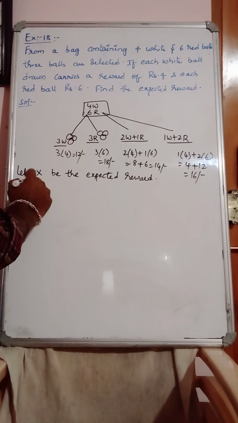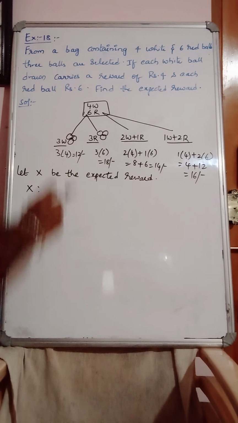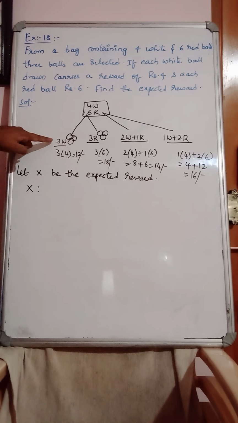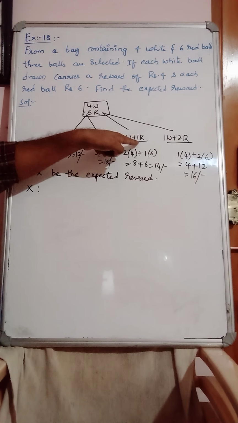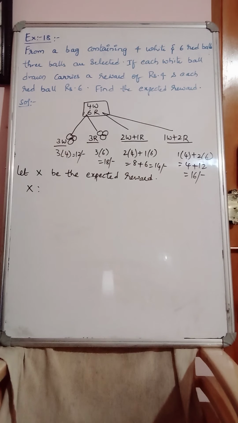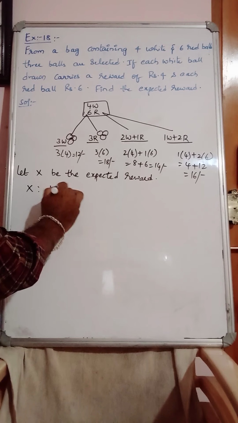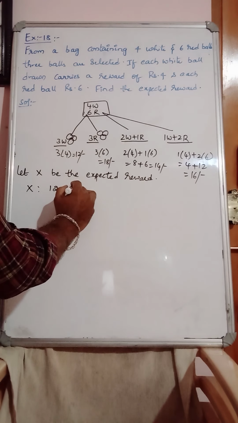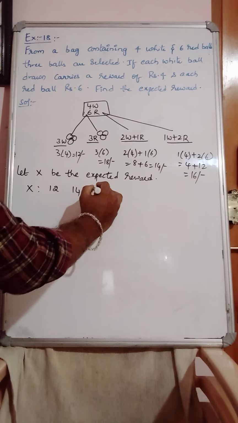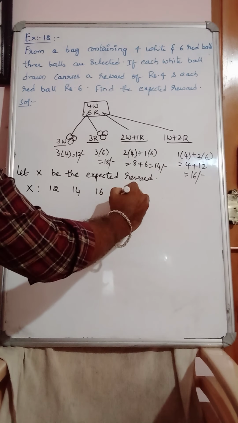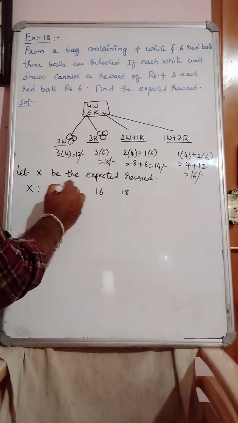Now, then the X real value is what it takes according to the possibilities: either 3 white or 3 red, or 2 white and 1 red, or 1 white and 2 red. And those amounts you will be writing first. The real values of X, what it will take: either 12 rupees or 14 rupees or 16 rupees or 18 rupees.